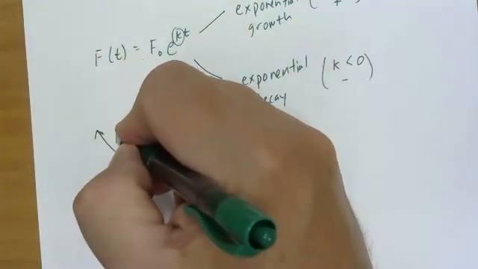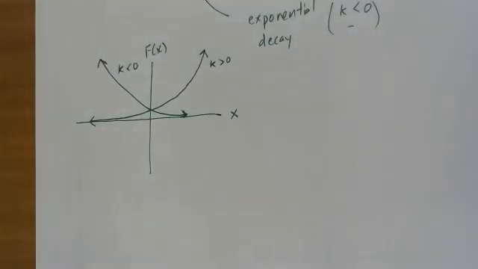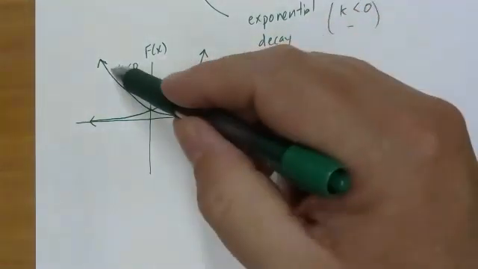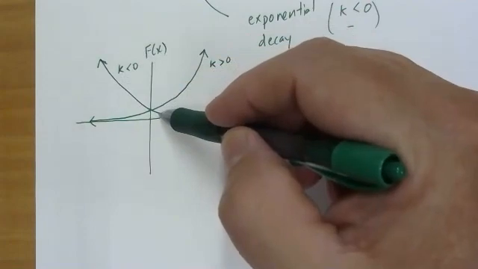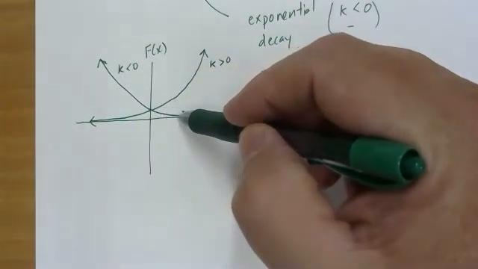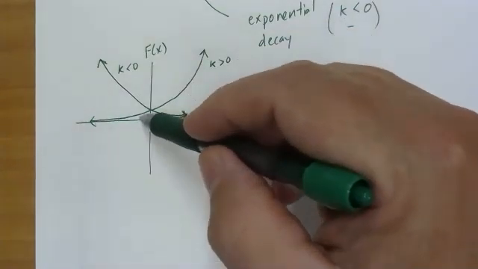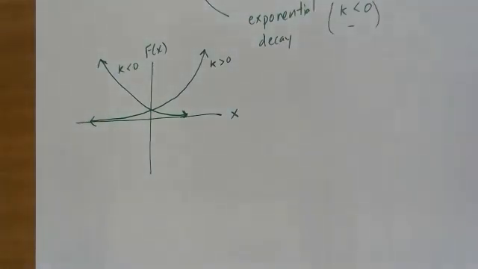So this is what happens when K is less than 0, right? So for the decay, as x gets bigger, your function gets smaller. So it's decaying, it's getting smaller. But for the growth curve, as x gets bigger, your function is getting larger.